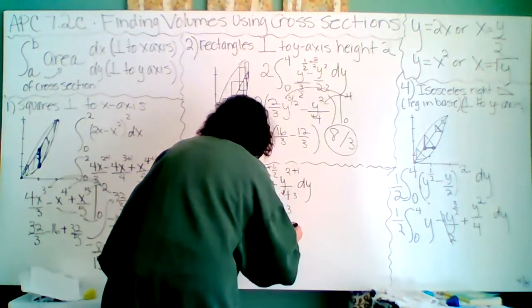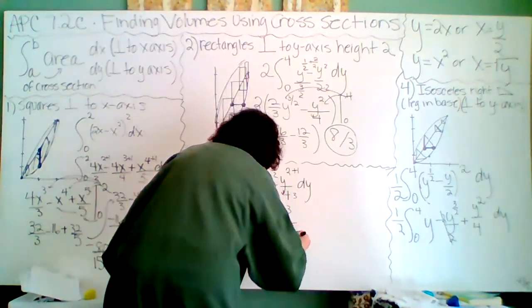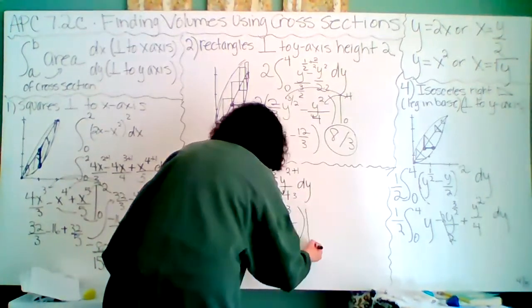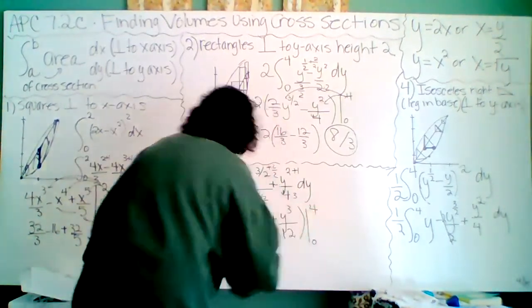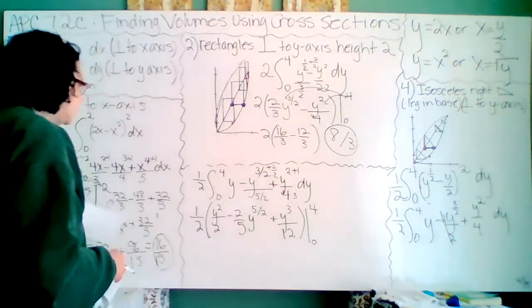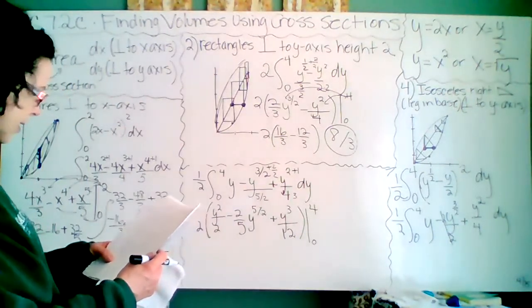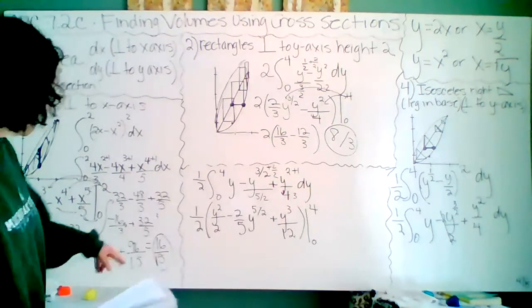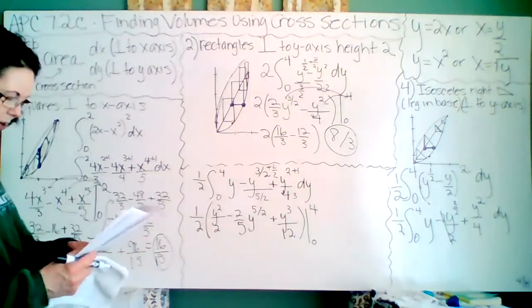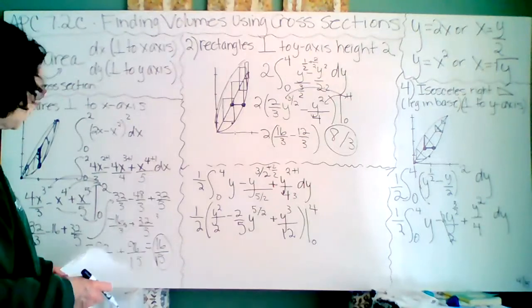This is going to be y cubed over 12. And I'm going to evaluate that from 0 to 4. Luckily, I only have to do the 4. Quick check again, making sure I did okay. Right, not like my 16/15 over here. Good, doing okay so far.